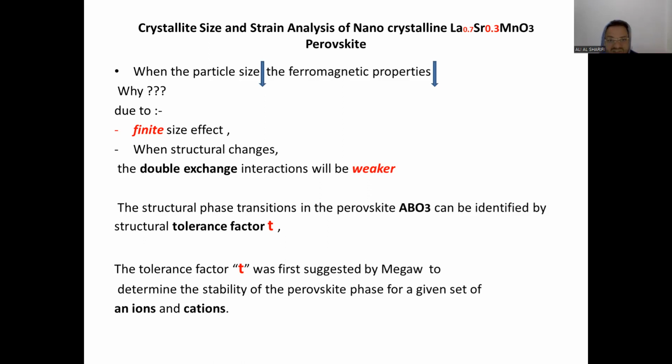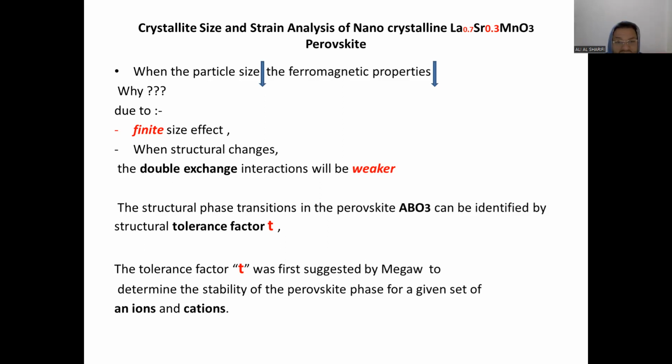The structure phase transitions in perovskite: the general formula of perovskite, like we know, is ABO3, where A and B are the cations, and 3 atoms of oxygen. It can be identified by the structure tolerance factor. The tolerance factor is an important element here.